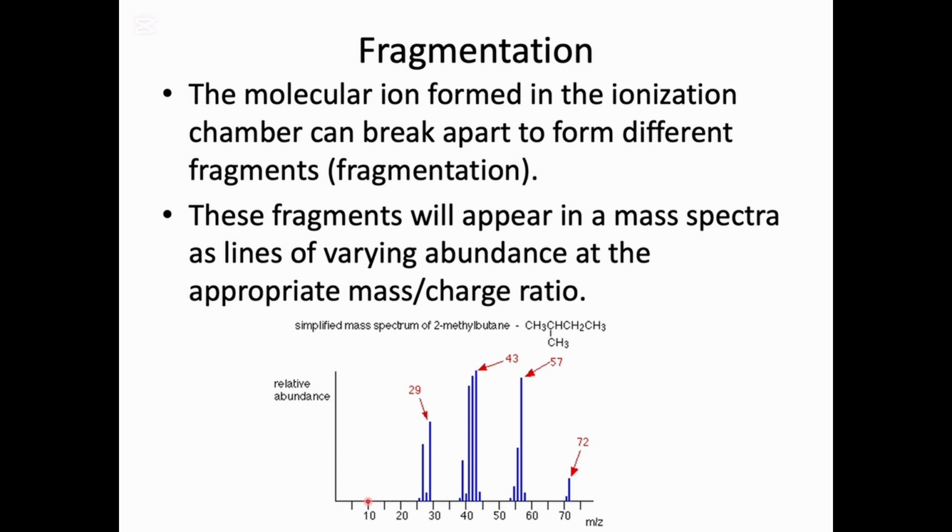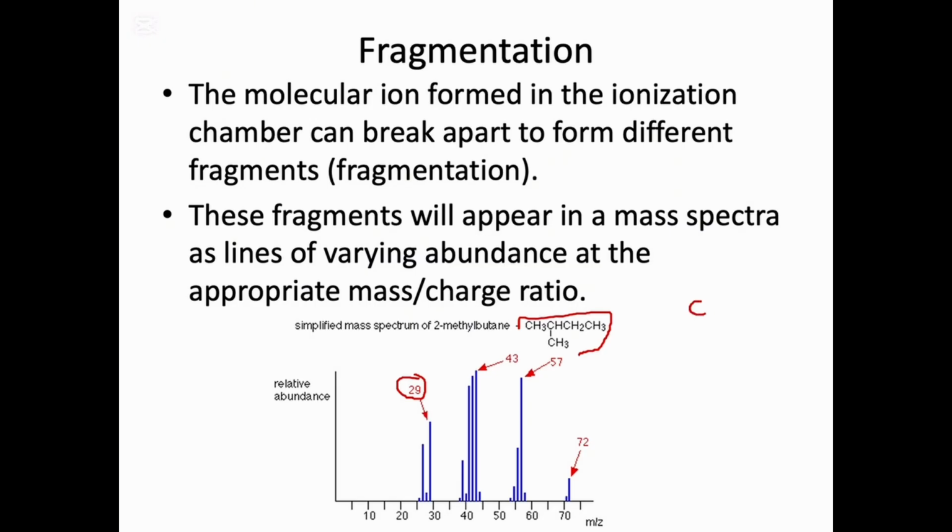So here you have your mass spec, where you have your different fragments appearing in the mass spec for your given 2-methyl butane at varying abundance at the appropriate mass to charge ratio of your hydrocarbon, your 2-methyl butane. This sample, once it goes to your mass spec machine, is broken down into different fragments. On this spectrum, it identified your 29, your 43, 57, and 72.